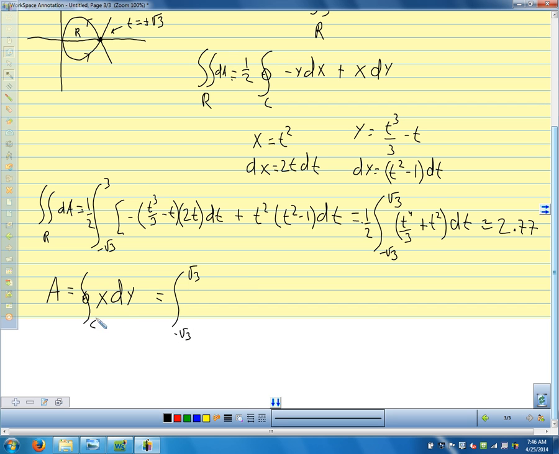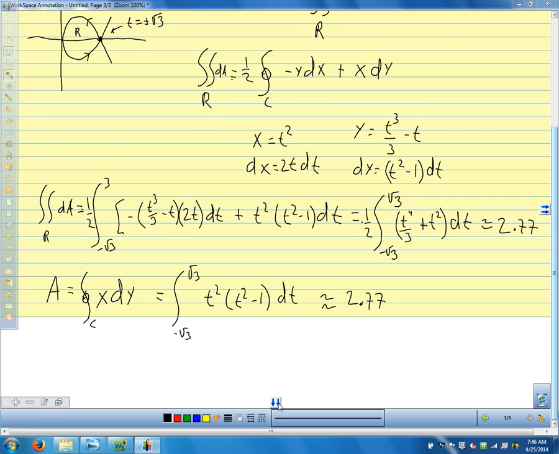This is just the other way we could pick our m and n. This turns out to be t squared times t squared minus 1 dt. And this one evaluates, so we end up with t to the 4th minus t squared. And this one also evaluates to 2.77.